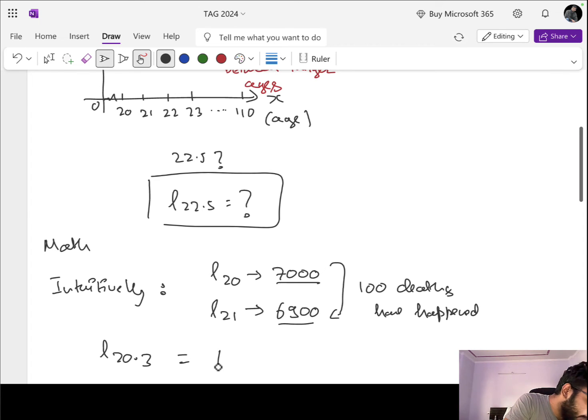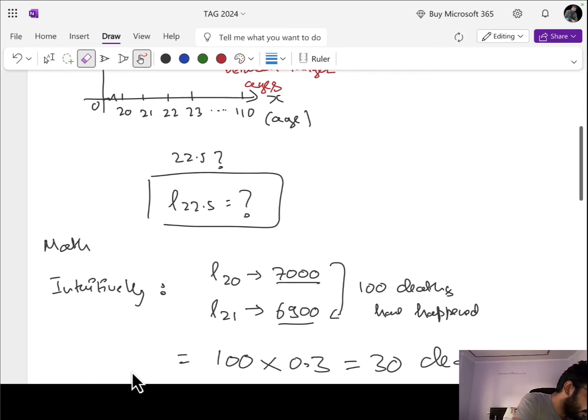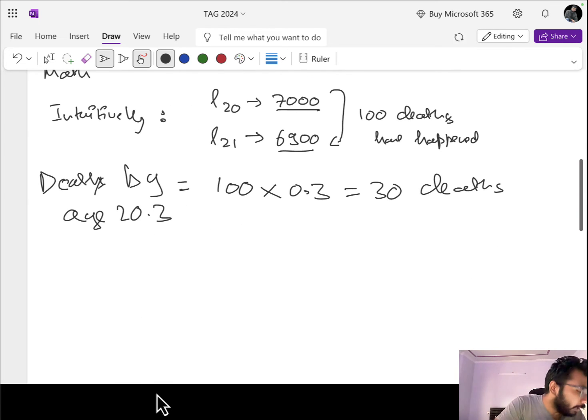Well, that would be simple, 100 into 0.3, that is 30 deaths. I can just say that 30 deaths would have happened in this year. So your number of deaths by age 20.3 is simply equal to 30, right?